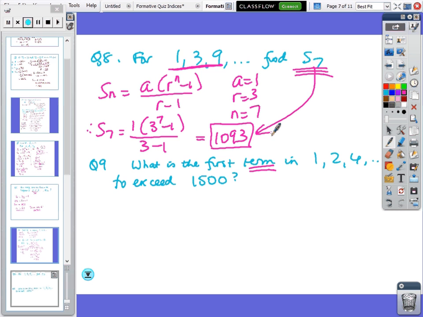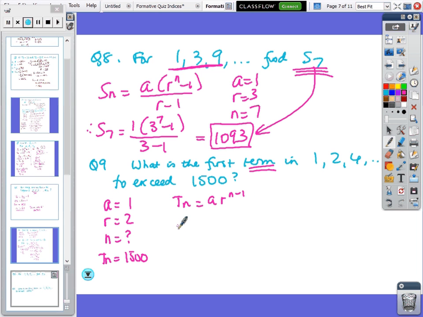So we've got a equals 1, r equals 2, n equals question mark, and tn equals 1500. So tn equals a r to the n minus 1.